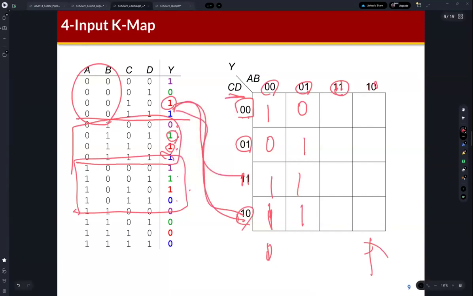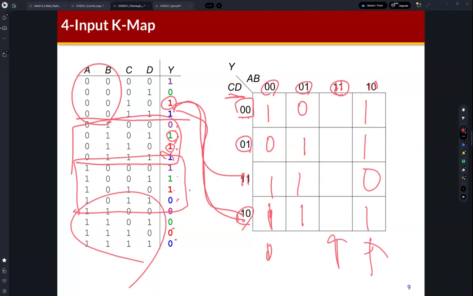And then lastly, this row is all zeros, 0, 0, 0, 0, because they are all zeros. So we can fill in the result of the truth table, the Karnaugh map, like this.